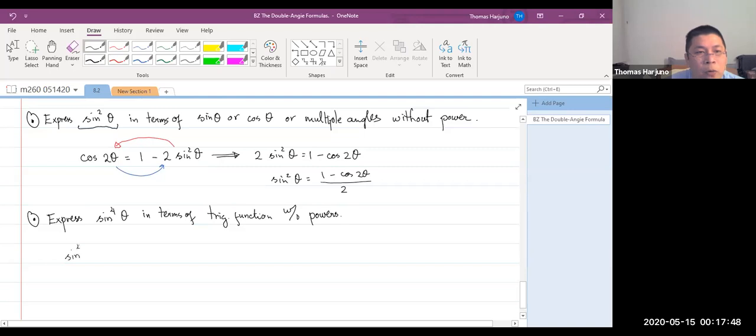Sine to the 4th theta can be seen as sine squared theta, squared. And then I apply the power reduction formula inside, so that's 1 minus cosine 2 theta over 2 being squared.